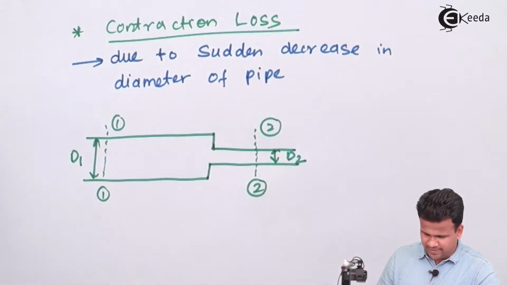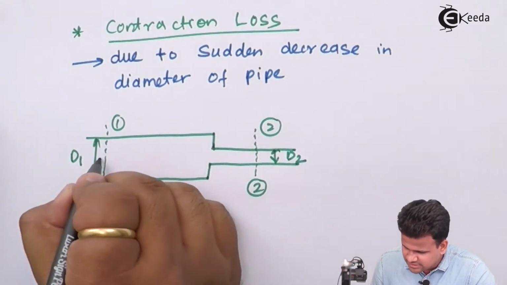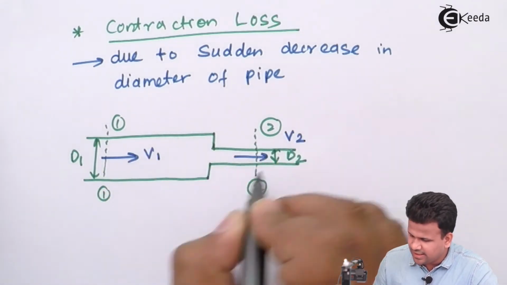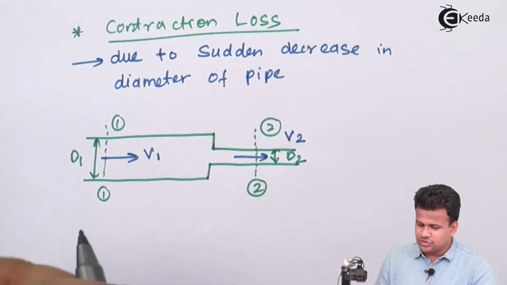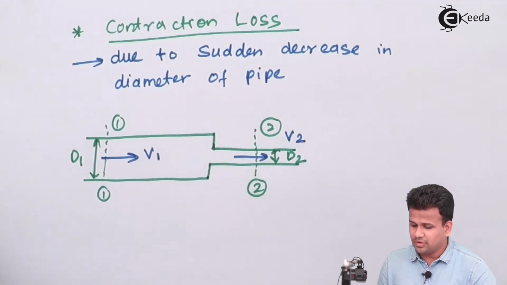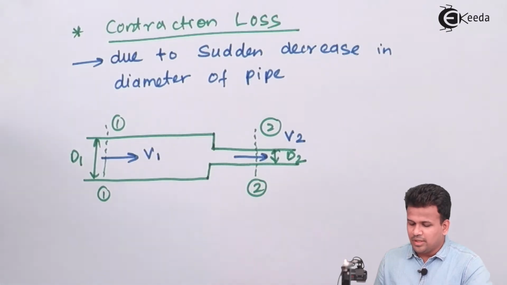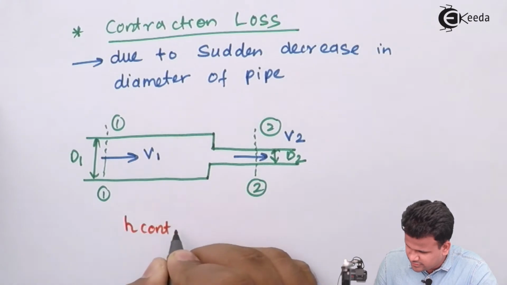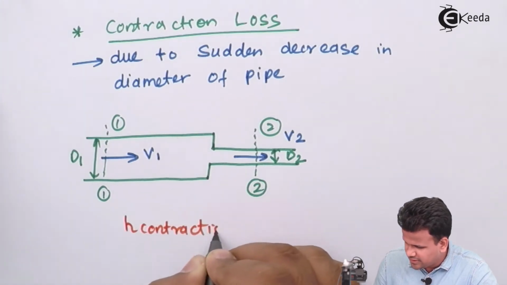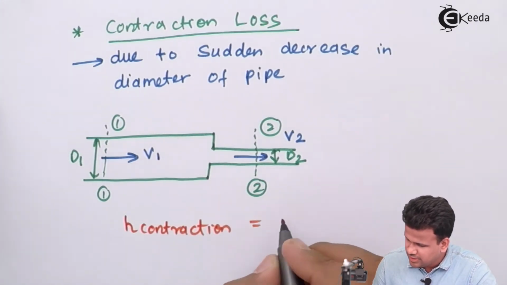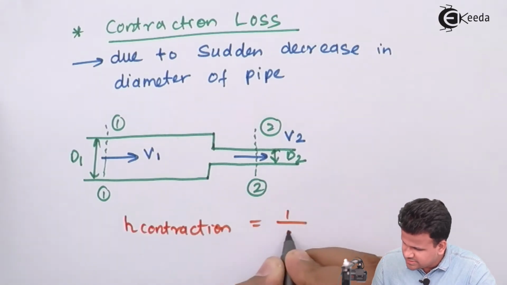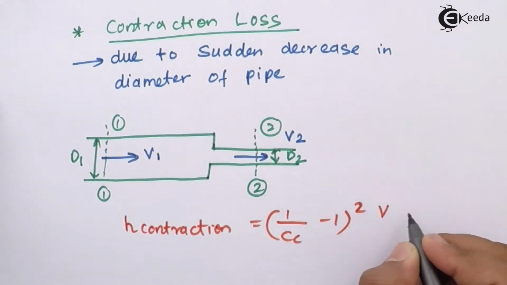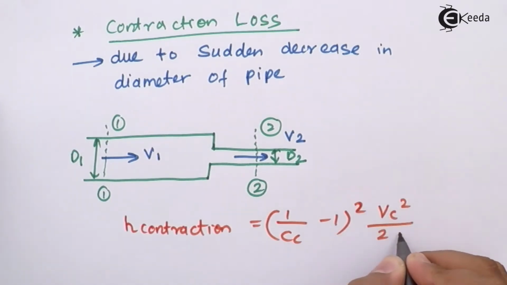d2. Now during this we'll consider the velocity over here is v1, here the velocity is v2. Now when there is sudden contraction, then the head loss due to contraction, h of contraction, will be given as (1 upon Cc minus 1) the whole square into Vc square by 2g.